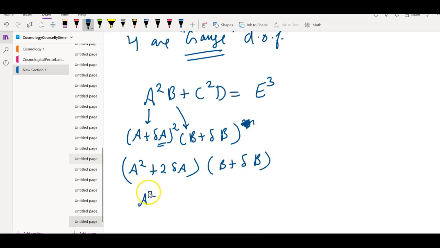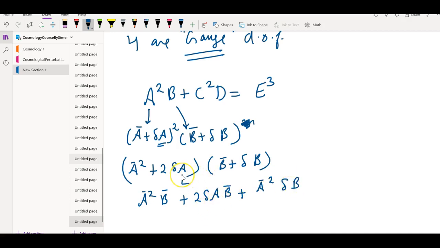So I will have a bar square b bar plus 2 times delta a b bar plus a bar square delta b.